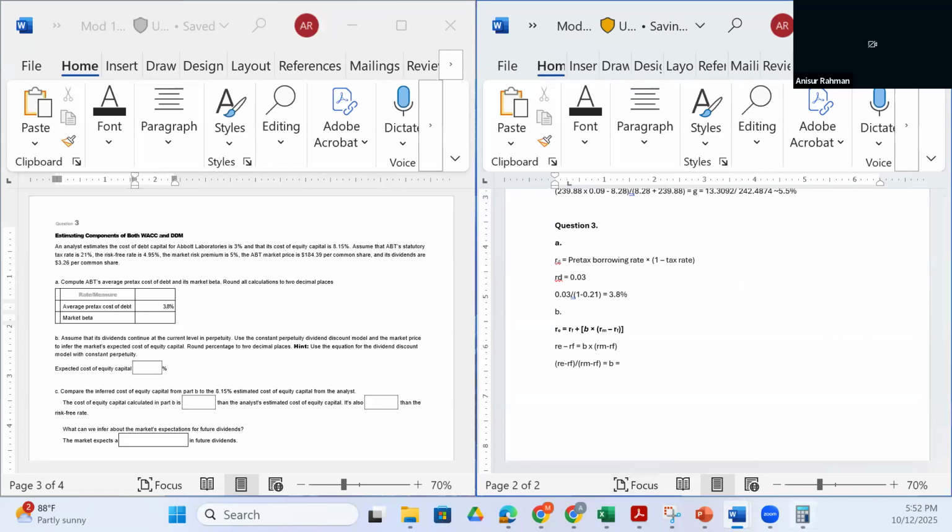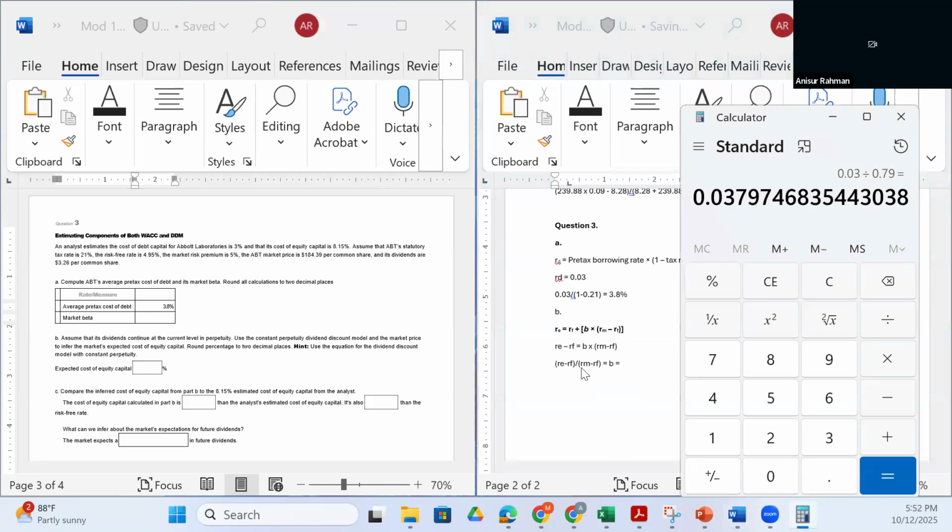Our RE, cost of equity, is 8.15%. So 0.0815 minus our risk-free rate, 4.95%, is now divided by our RM minus RF.